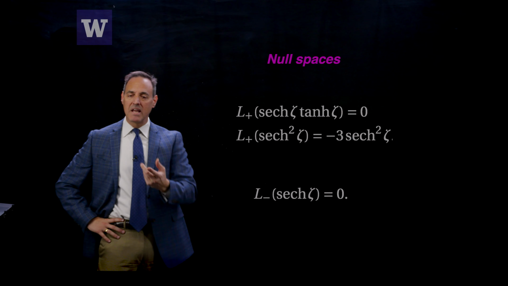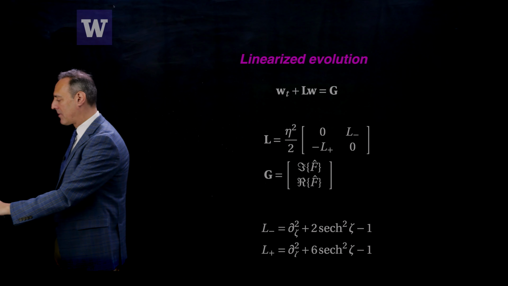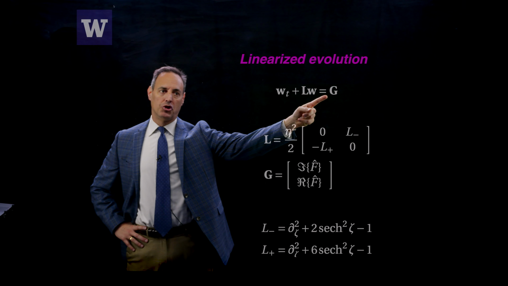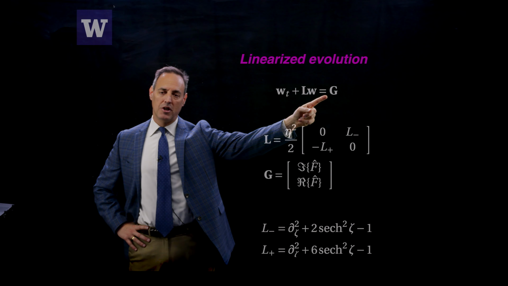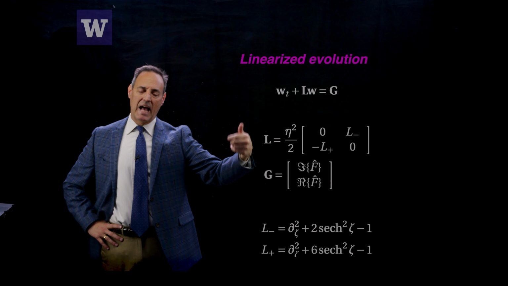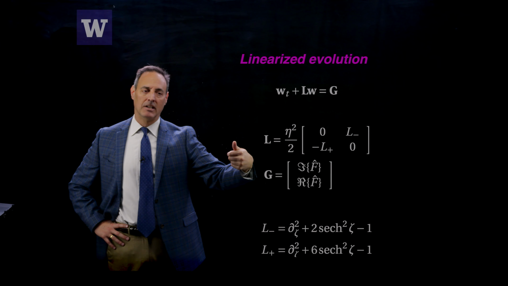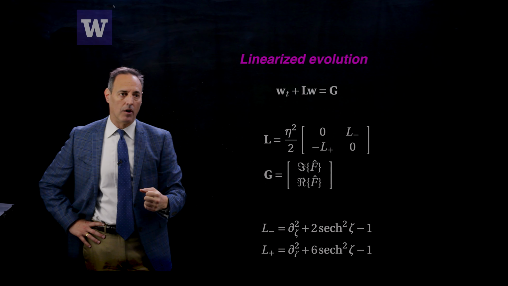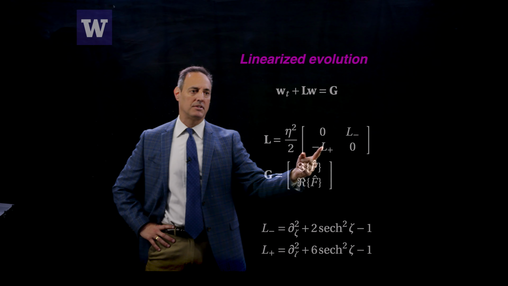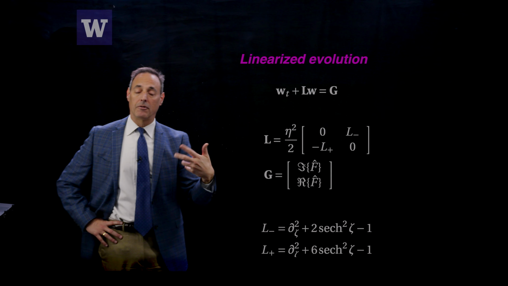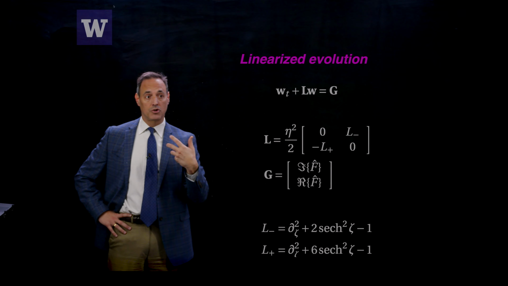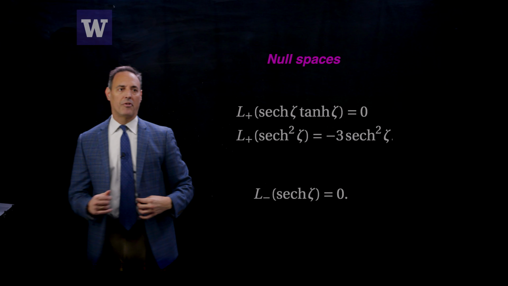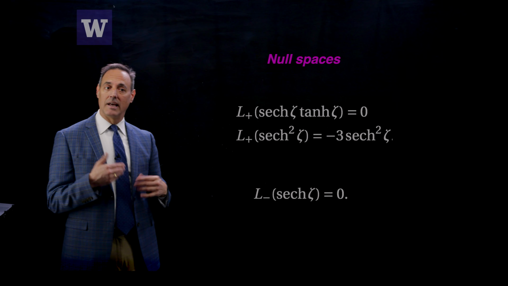So the main thing to talk about: you have the linearized operator. What we know is that G, which is forcing it, G better be orthogonal to the adjoint null space. So I better start learning about the null space of this operator L. And notice the operator L has all these L plus and L minuses floating around, so I really need to start learning structure around that null space of that operator. So first, a couple things to highlight about L plus and L minus.